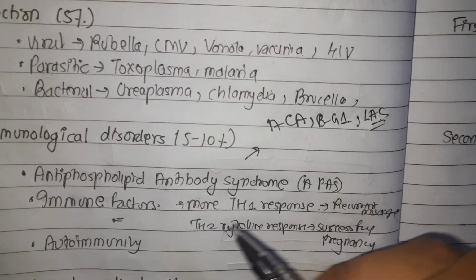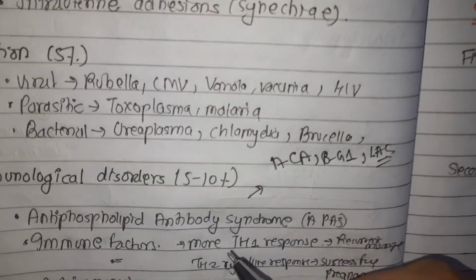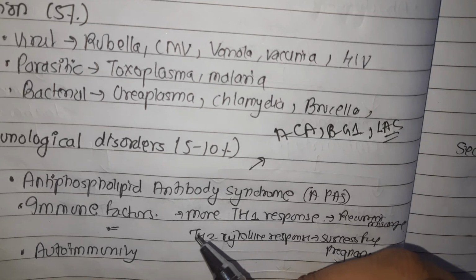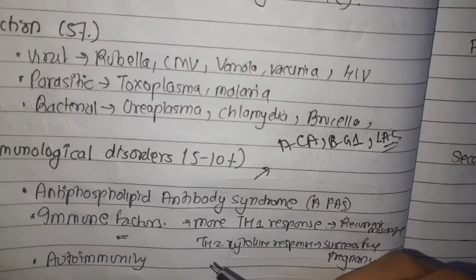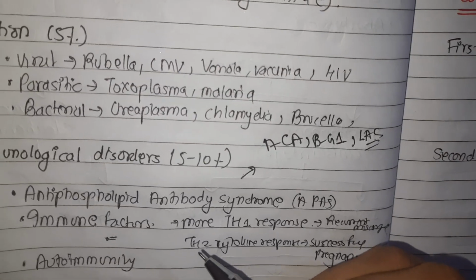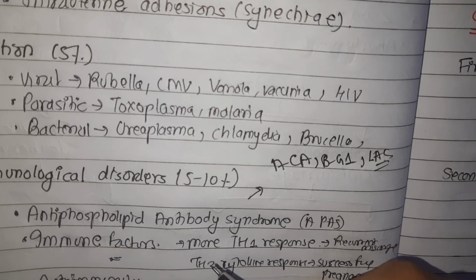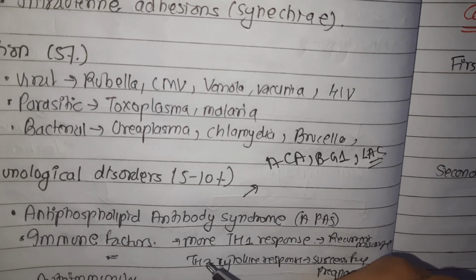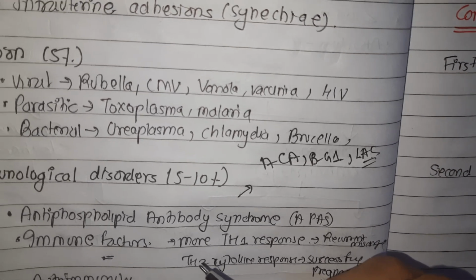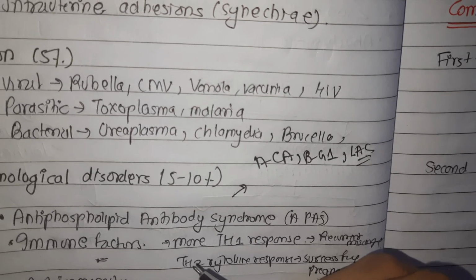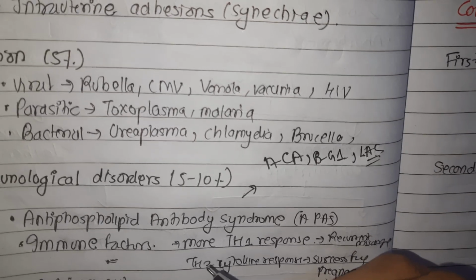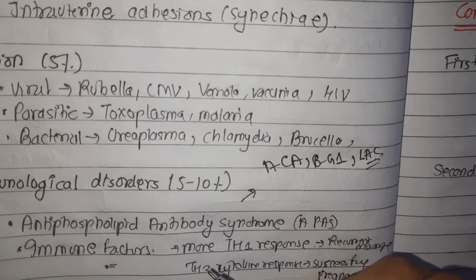Among the various other immunological factors, the cytokine response can cause abortion. We have two types of cytokine response, that may be either T helper 1 or T helper 2 type.